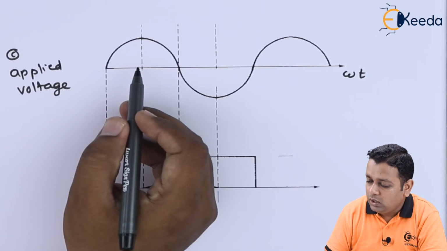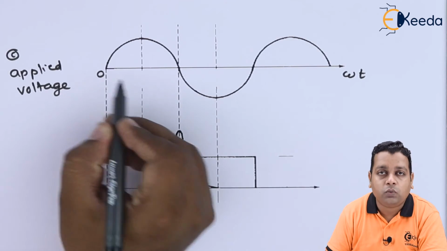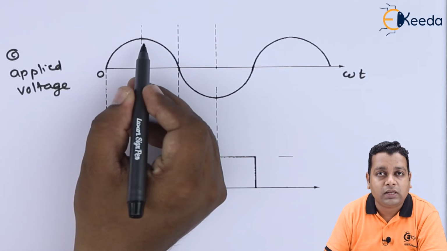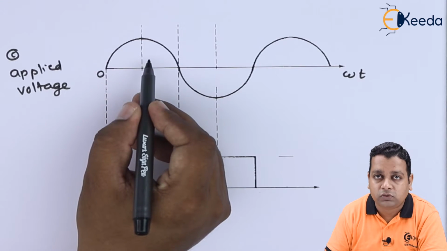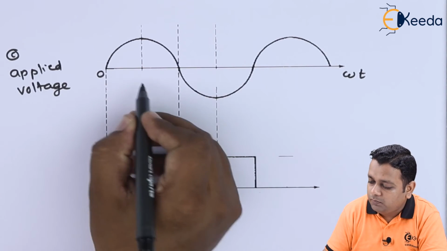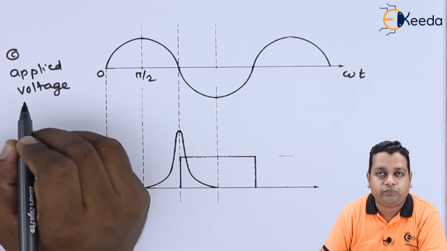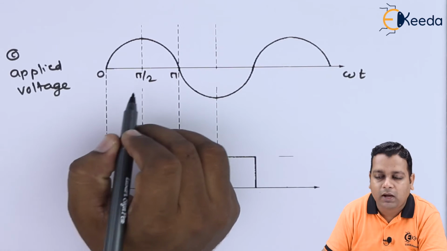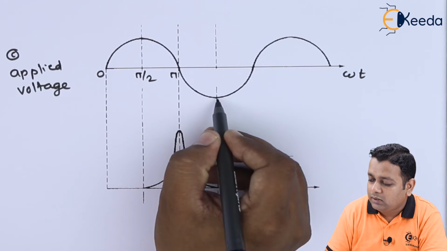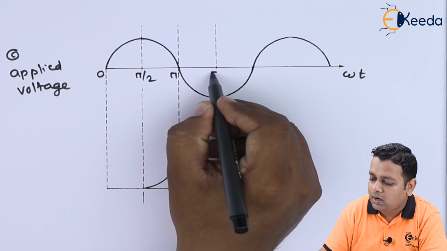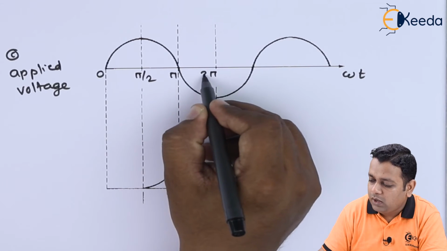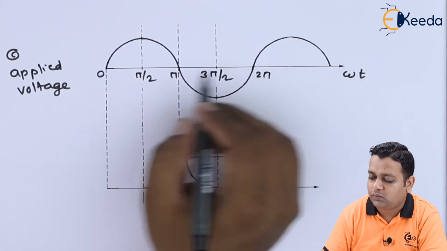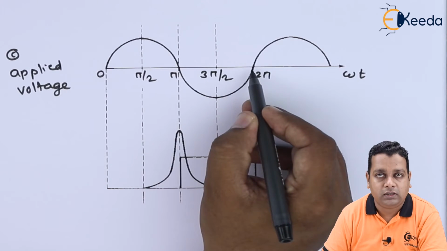If we take omega t equal to 0, then when it is at the maximum in the positive half cycle, we get the phase value of pi by 2. Then when it comes back to the 0 level, it is pi. Next, at the negative extreme, we are at the phase of 3 pi by 2, and we come to the 2 pi phase when one cycle is completed.